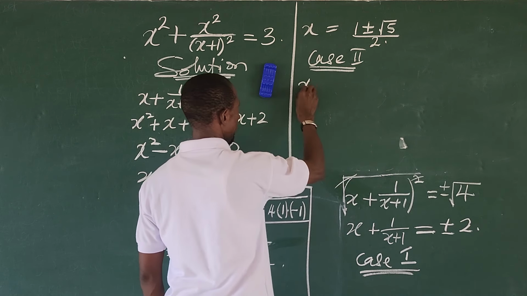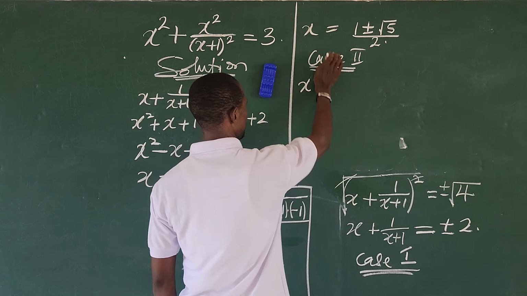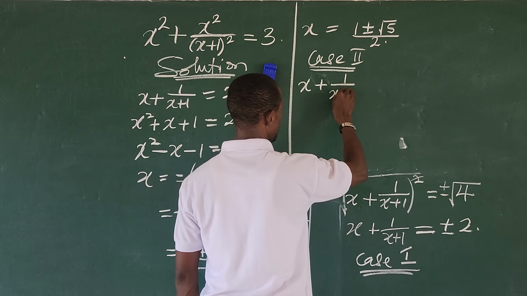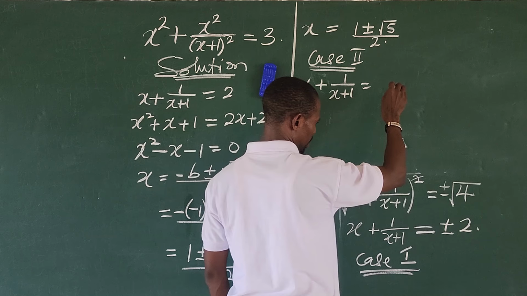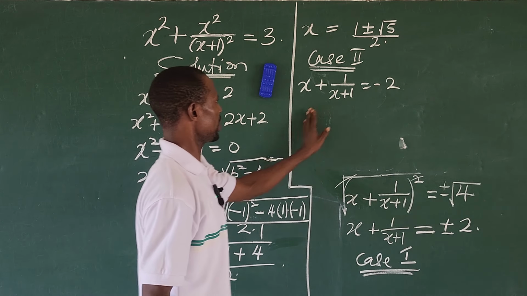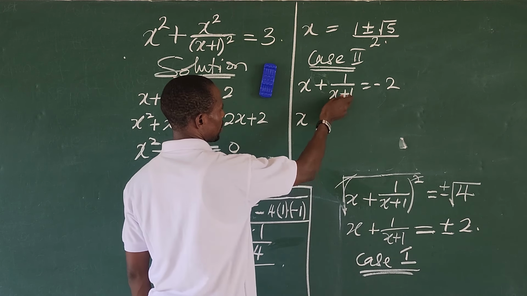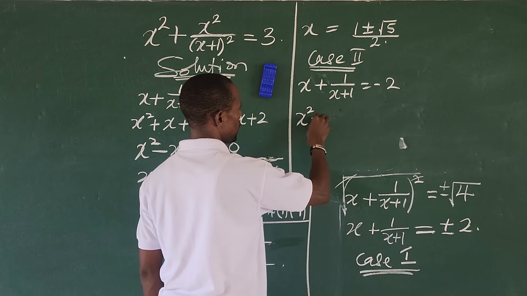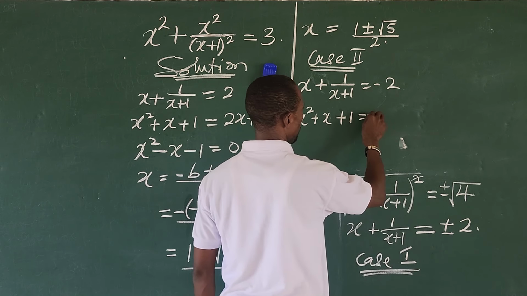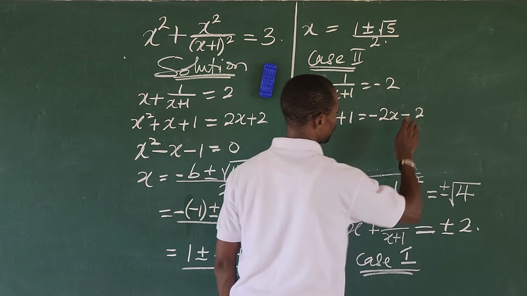So from our case 2, we're going to have our x, just x rather. So here we have x, that plus our 1 all over x plus 1 equal to our minus 2. So if we open up everything here, this is going to give us our x to the power of 2, plus our x plus 1 equal to minus 2x minus 2.